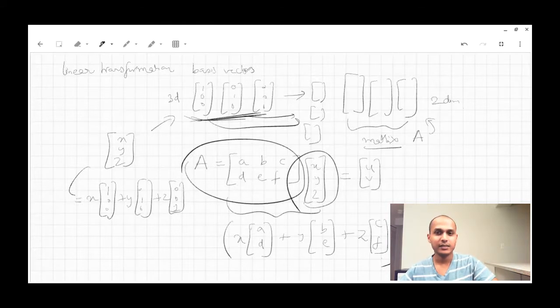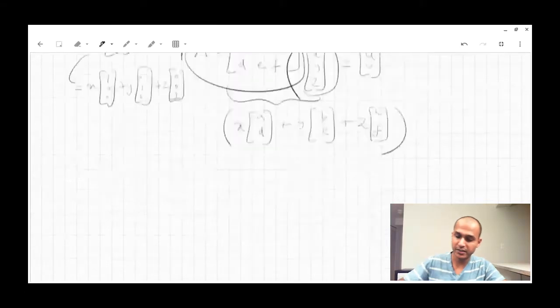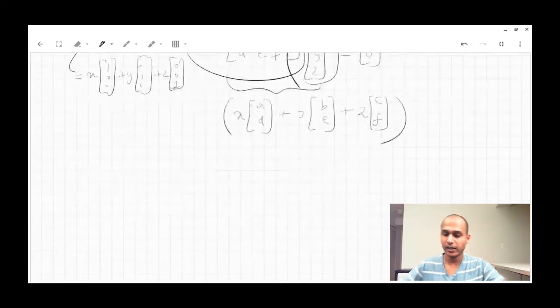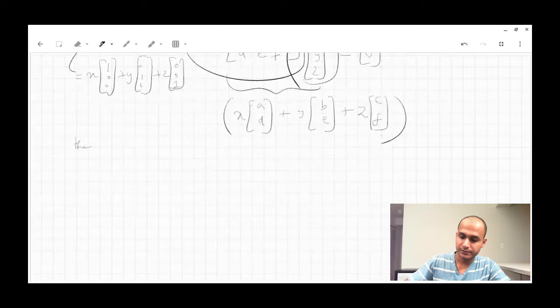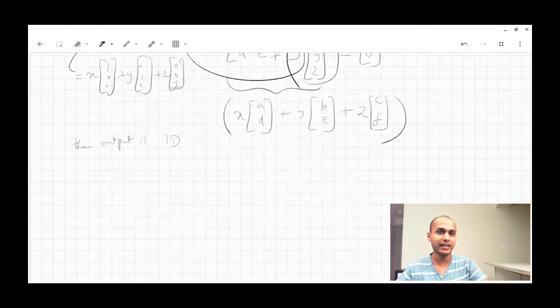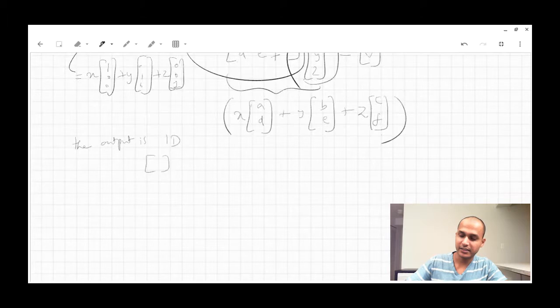And now let's move on to dot product. A dot product is nothing but a special case of a linear transformation where the output is one dimension. So far, I've not discussed what a one-dimensional vector is, but think of a one-dimensional vector as a number, for example 10, or minus 3.3.